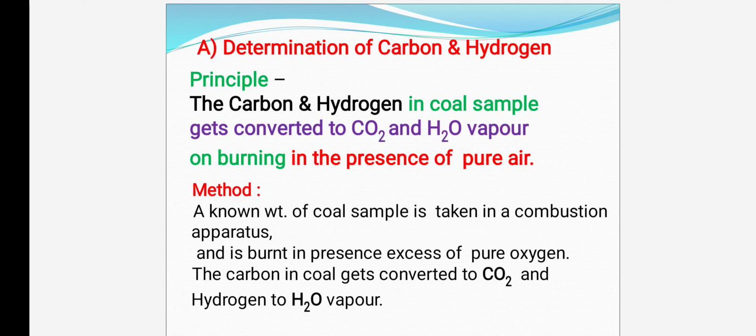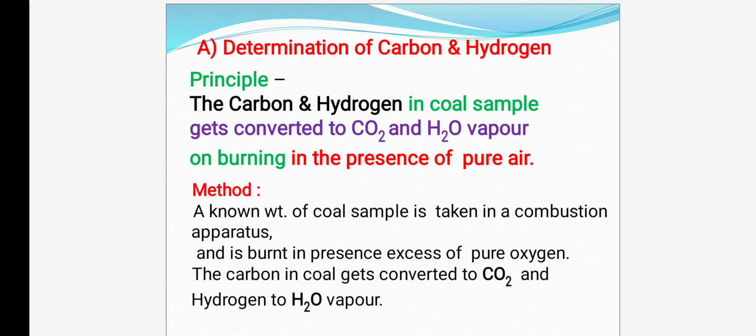They convert into CO2 and H2O on burning, combustion, in presence of pure air, as we require oxygen for burning. So burning of coal takes place in presence of oxygen, and carbon and hydrogen convert into CO2 and H2O.